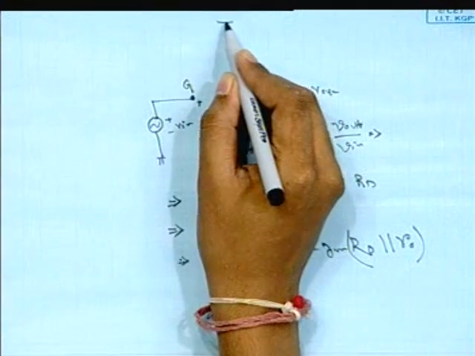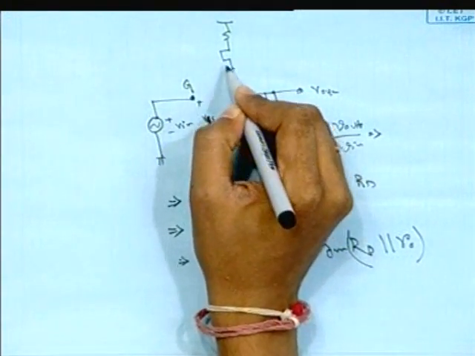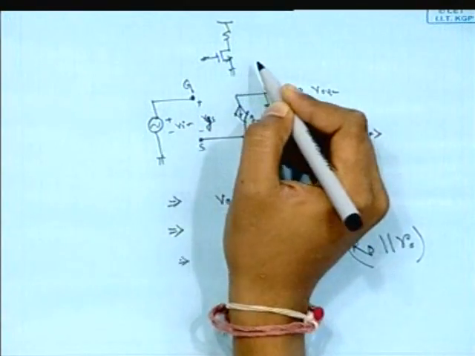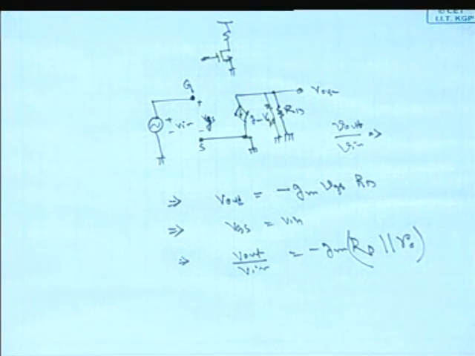In this amplifying system the source is grounded, and naturally for all the NMOS cases the bulk is also grounded, so there will be no VBS voltage, that is VBS will be 0, and for that case gmb VBS will be 0, and the current is 0, so we don't need to draw that particular gmb VBS voltage controlled current source. Okay, and from that we get the gain equal to gm into RD parallel r0.